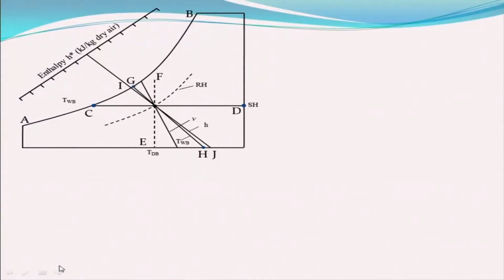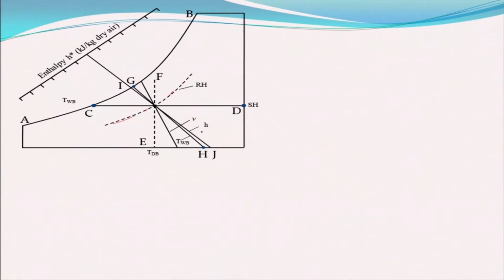Now, just to illustrate a little further, if you look at this point, specific humidity remains constant along this line, which is parallel to the axis. This dashed line is relative humidity, and this line will give me enthalpy.